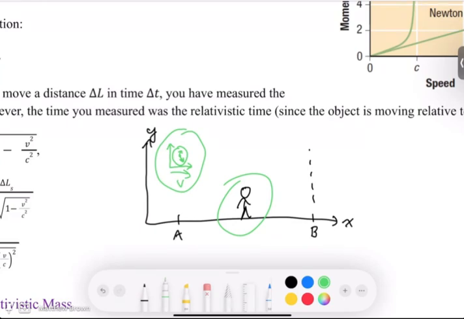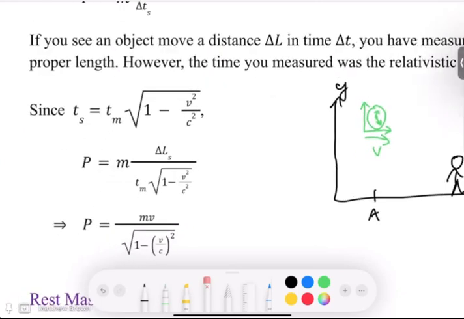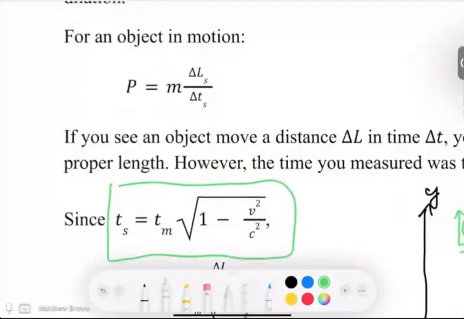You're not measuring that, so we just have to account for it. The first equation here is just the equation we developed for time dilation, rearranged for the proper time. We can substitute that in here, because we want the proper time for momentum, but we don't have it.